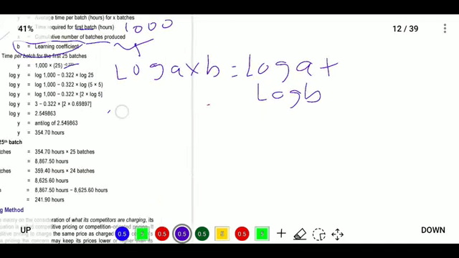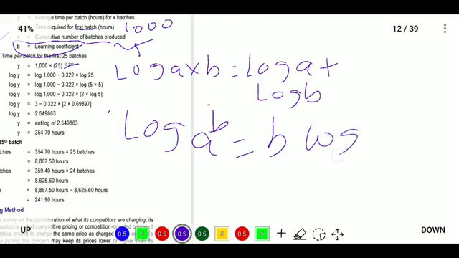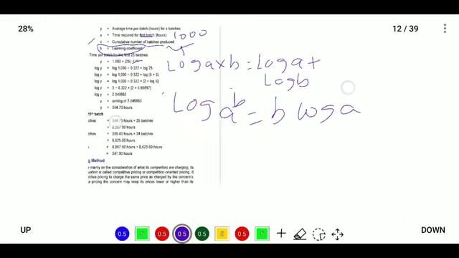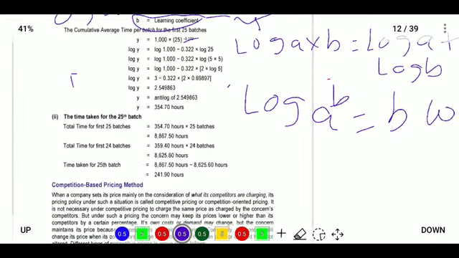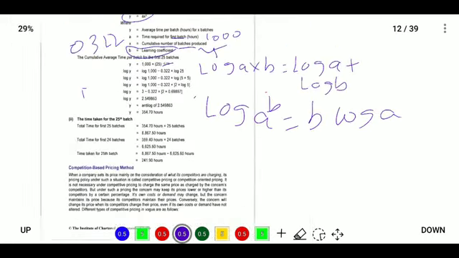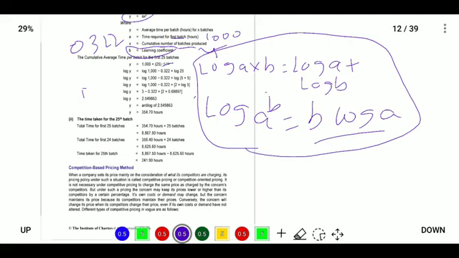And if you have log of a to the power of b, then we will write this as b log a. This is the log rule. We will remember this. So here, 0.322 will come to the front of log 25.